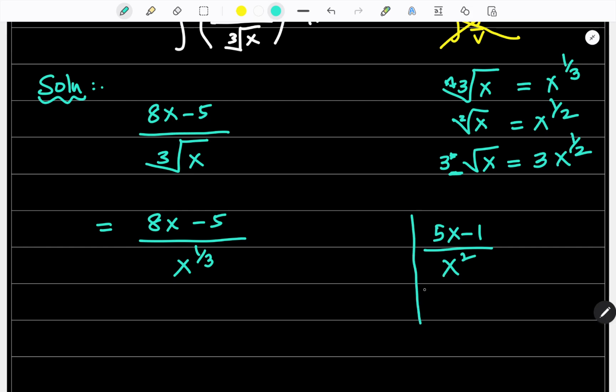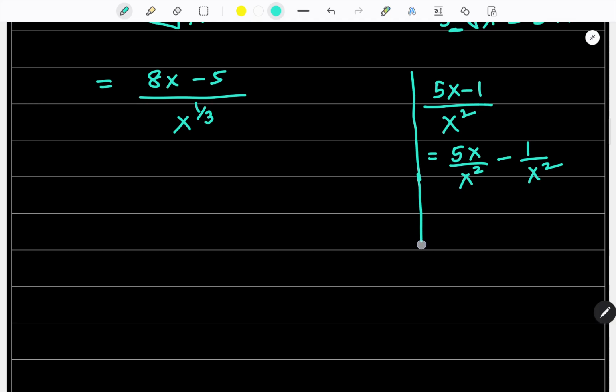Suppose you have an example. What you will do? You will do 5x by x square minus 1 by x square. Right? So you do like this. Suppose I take numbers, for example, 5 minus 1 divided by 3. We can write 5 by 3 minus 1 by 3. Right? 5 minus 1 is what? 4. So 4 by 3.